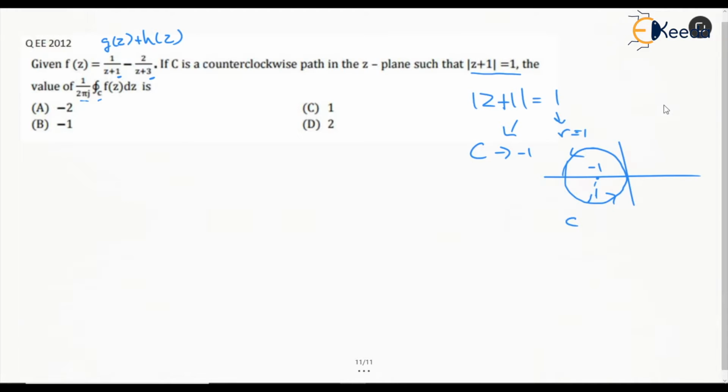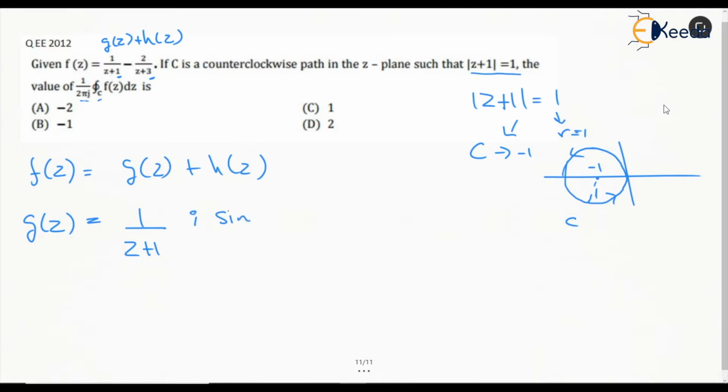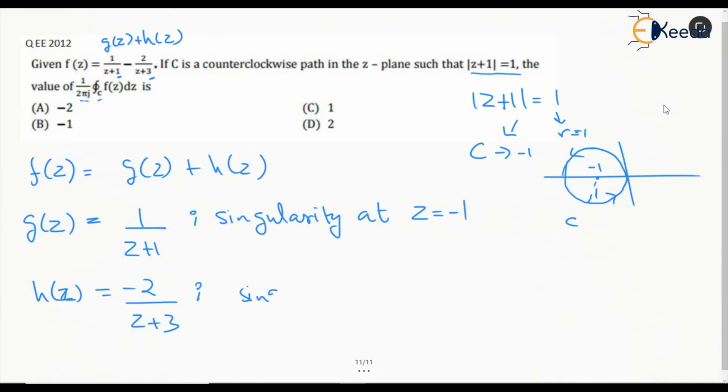Now if you see this function f of z, for g of z, which is 1 by z plus 1, the point at which the function is not analytic is at z equal to minus 1, whereas h of z, which is 2 by z plus 3, has its singularity at z equal to minus 3.